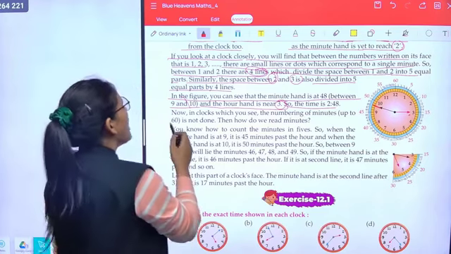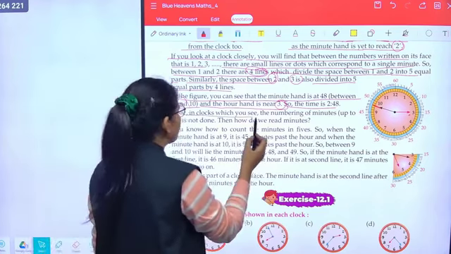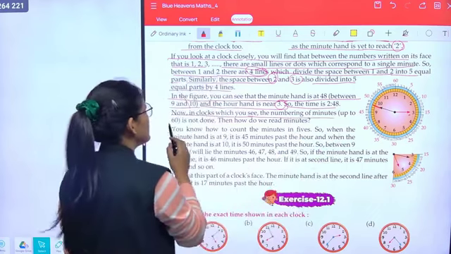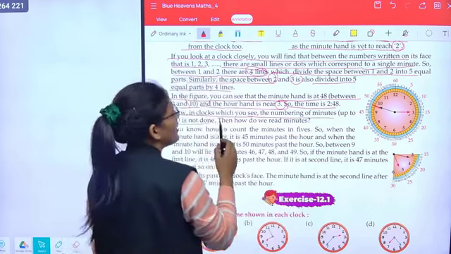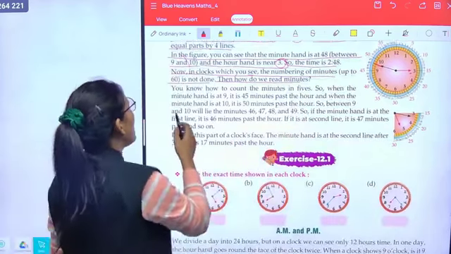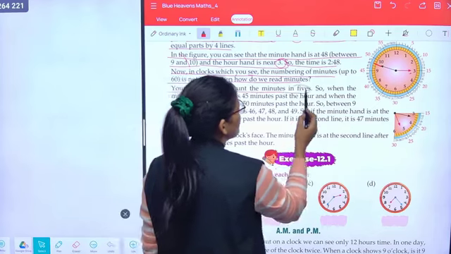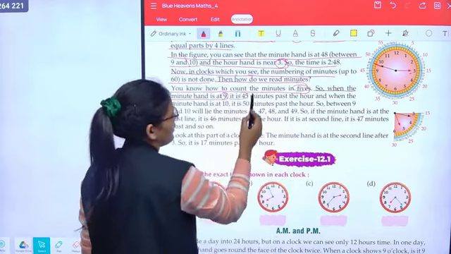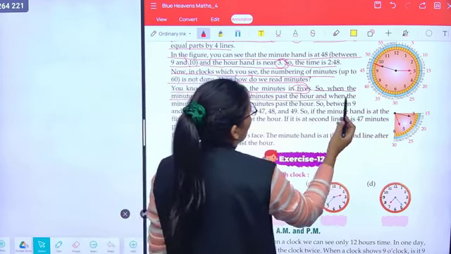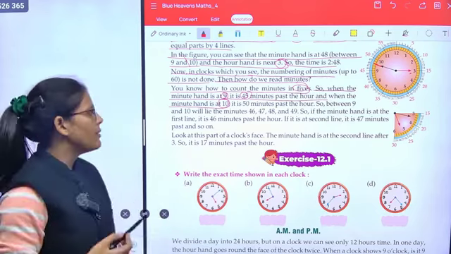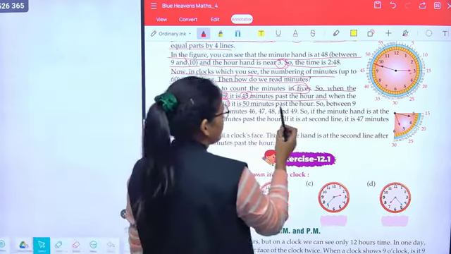Now in clocks, the numbering of minutes up to 60 is not done. Then how do we read minutes? You know how to count the minutes in fives. When the minute hand is at 9, it is 45 minutes past the hour, and when it is at 10, it is 50 minutes past the hour.